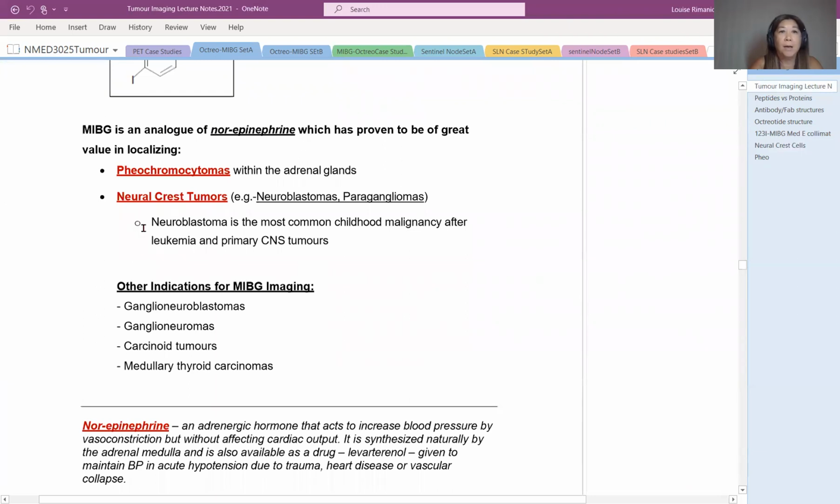And as we'll see later on in the unit, there may be a role for I-131 MIBG for the treatment of neuroblastomas. Other indications, these more in adults: ganglioneuroblastomas, ganglioneuromas, paragangliomas, carcinoid tumors, as well as the medullary thyroid carcinomas.